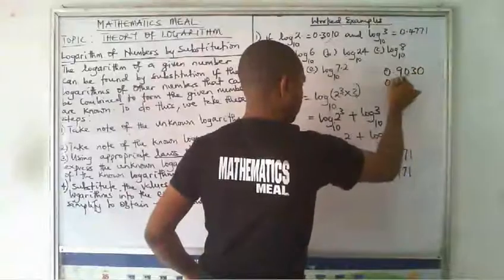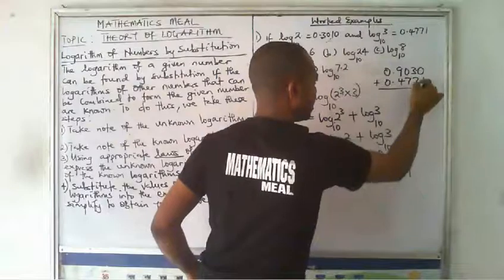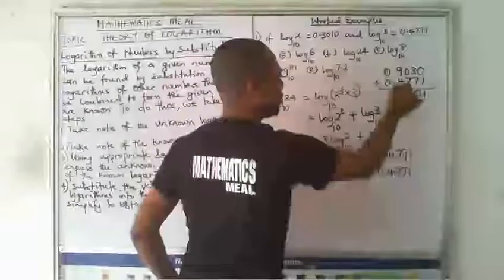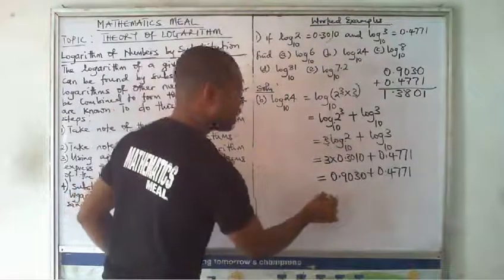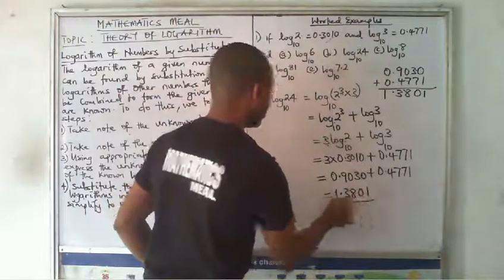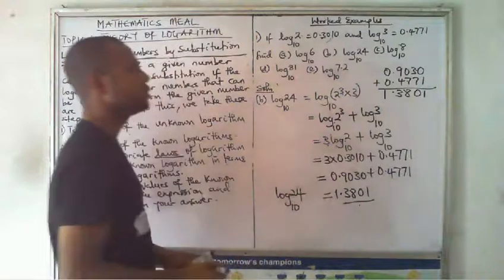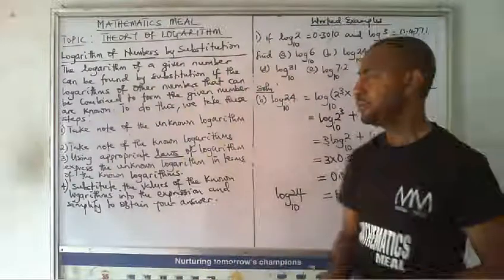Addition operation: we have 1.3801 as log 24. Oh, very beautiful.